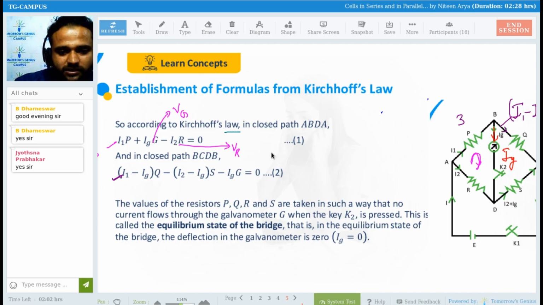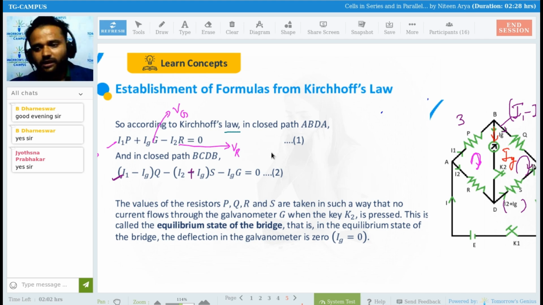Why so? Because I2 is going in this way and IG is coming, so this is I2 plus IG, correctly written down. And then again, I minus IG. Why so? Because I am taking this loop in this way, so the current direction and my loop direction are in the same direction.